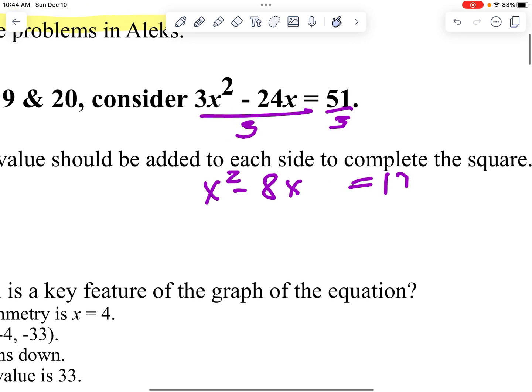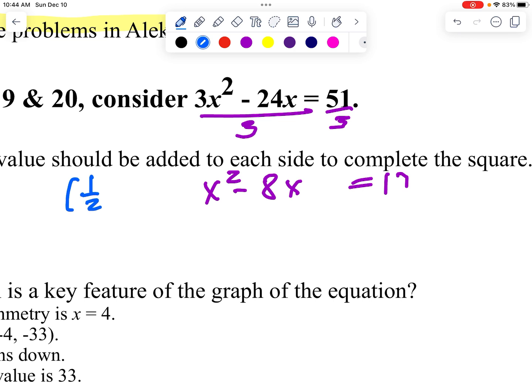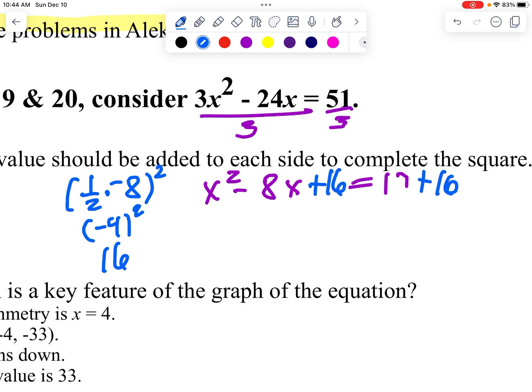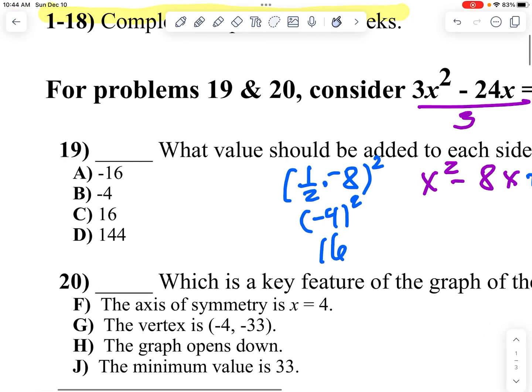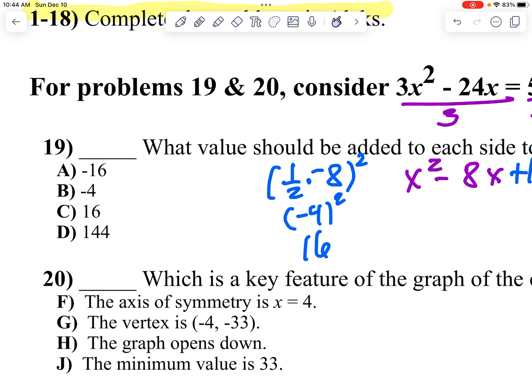So then I'm going to go over to the side here, and I'm going to take half of negative 8, and I'll square that. Well, that's negative 4 squared, which is 16. So I'm going to add 16 to both sides. And that is choice C, isn't it?